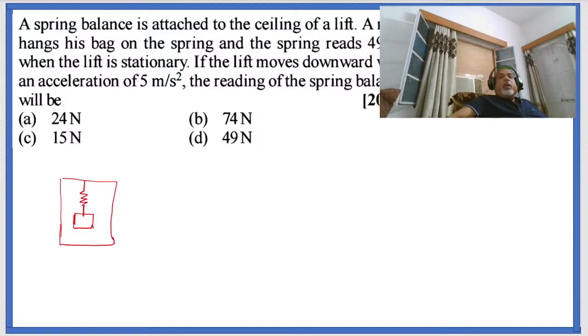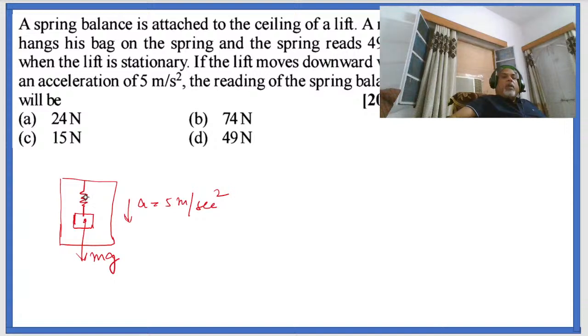The lift is moving downward with acceleration 5. It has a weight mg, correct?